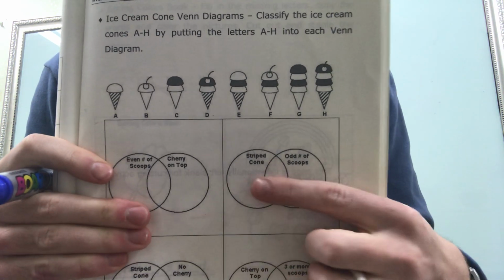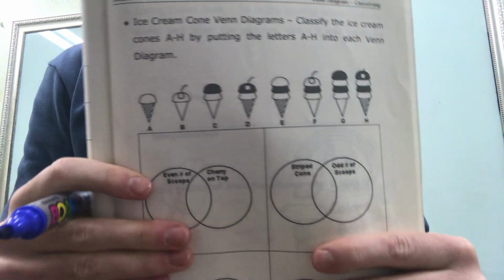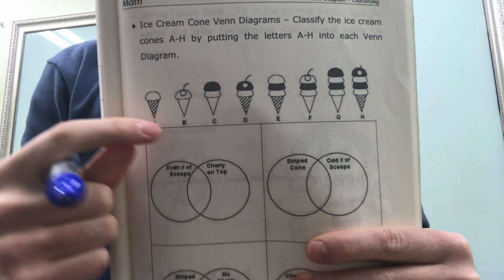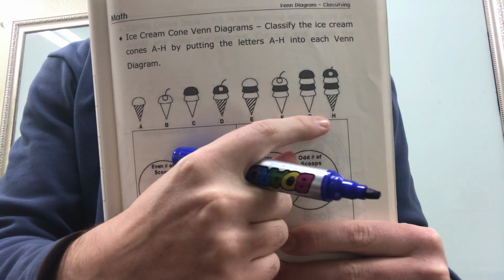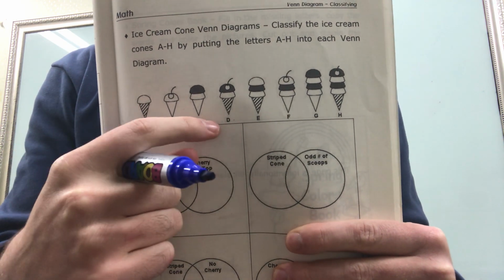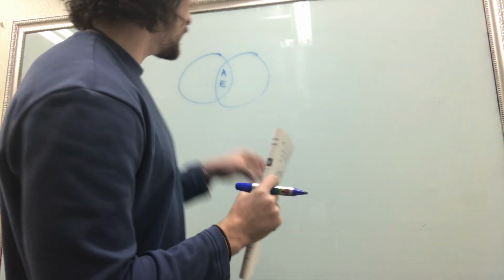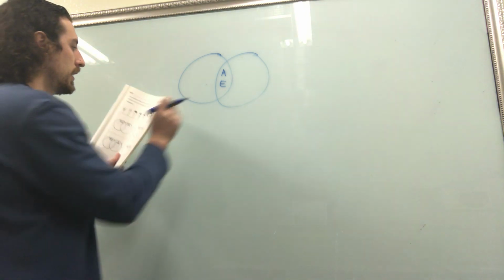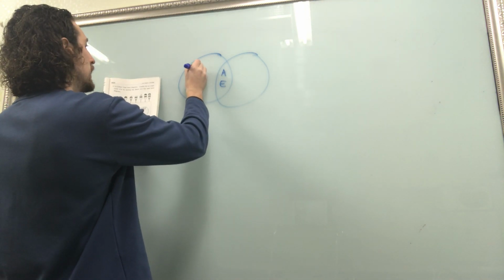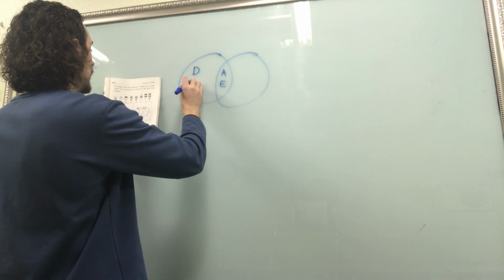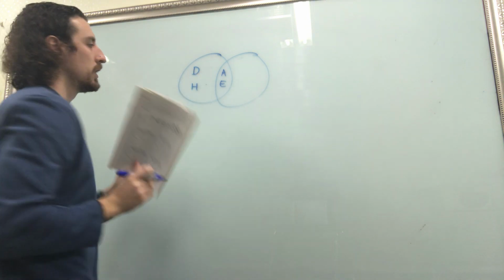So now let's just do the striped, okay? So A, D, E, and H. But we already have A, okay? A and E. So now we just need D and H. Okay?